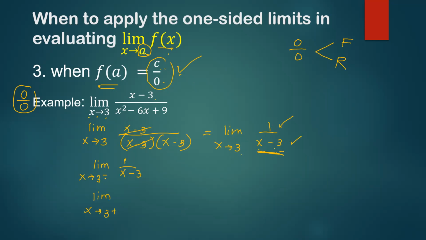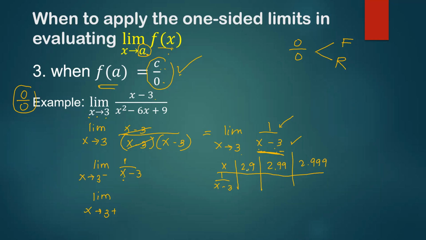As x approaches 3 from the left, we will have 2.9, 2.99, 2.999, and we will be getting a decimal number here. Let's make a table of values for x and 1 over x minus 3. Say 2.9, coming from the left, 2.99, 2.999.